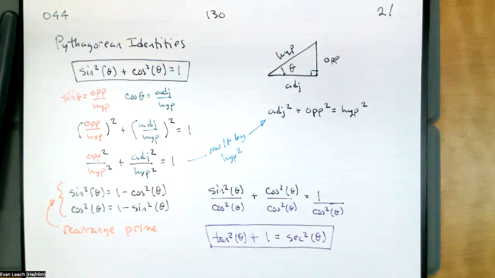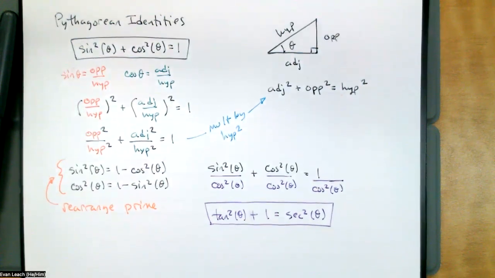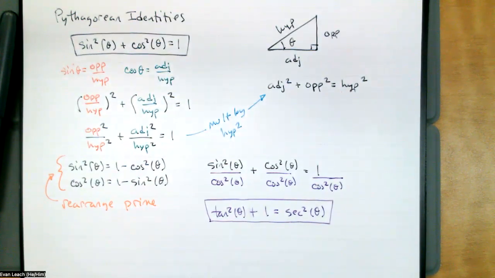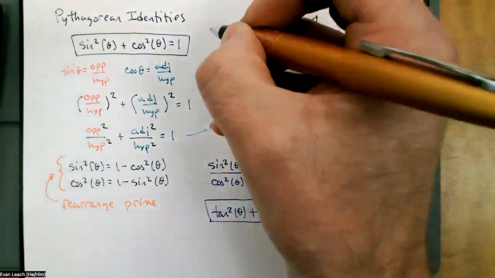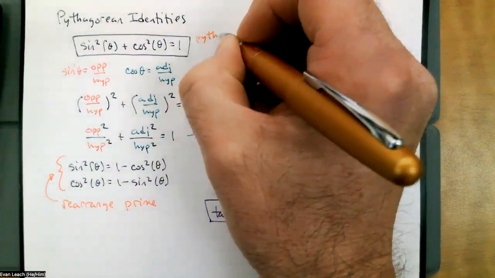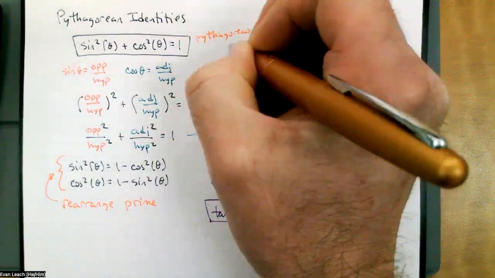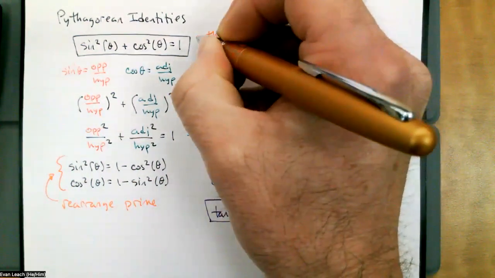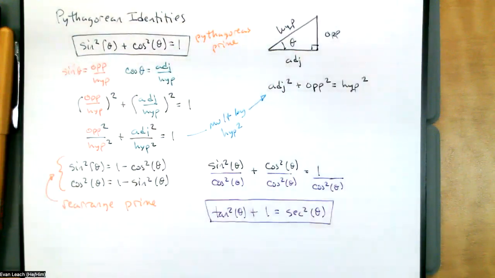So this is the tangent and secant variety of our Pythagorean identity. This is our second most popular one.